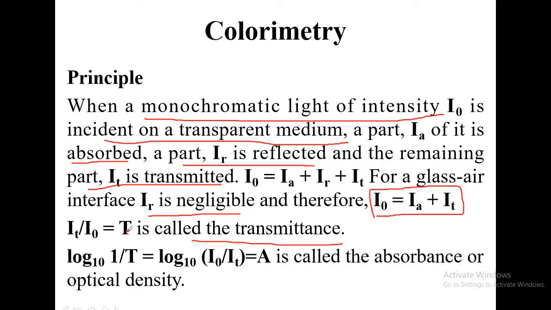The logarithm of the reciprocal of transmittance is called absorbance, that is, log of I0 by IT is equal to A. A is called absorbance, and another word for the same is optical density.